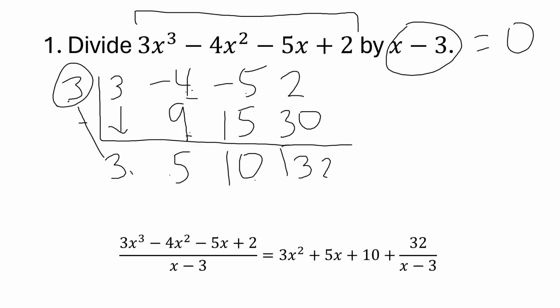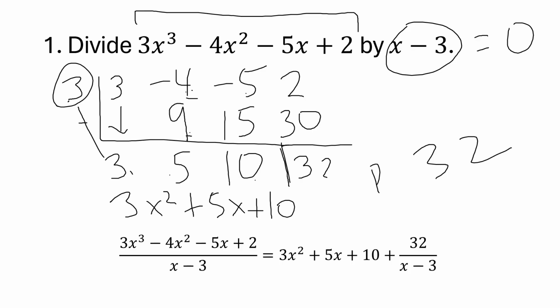So we bring a bar here so that we have 3 terms. And this will have a highest power of what? X squared. So we just write 3x squared plus 5x plus 10. Now this bar shows that this last number is not part of the quotient. It is the remainder. So the 32 is the remainder. That's all. Synthetic division.